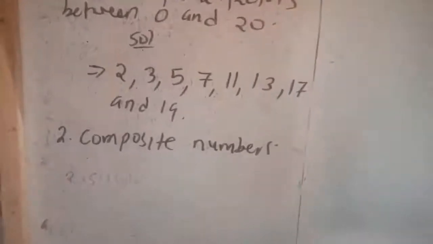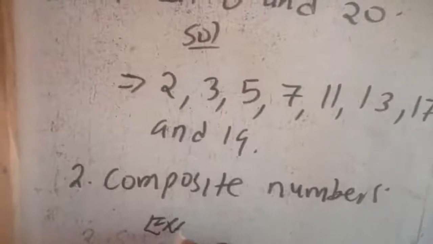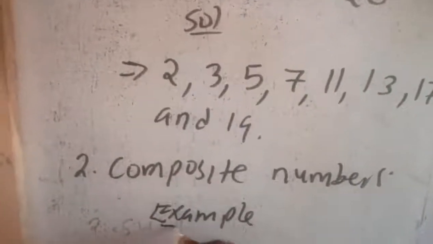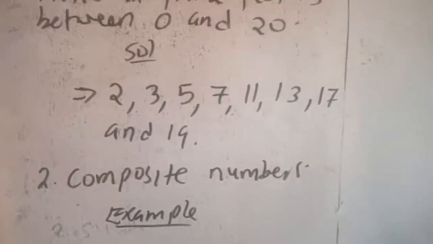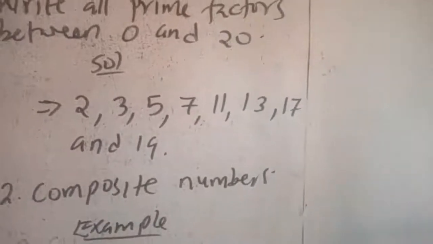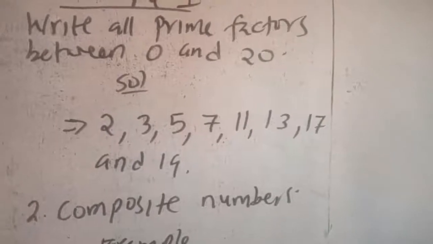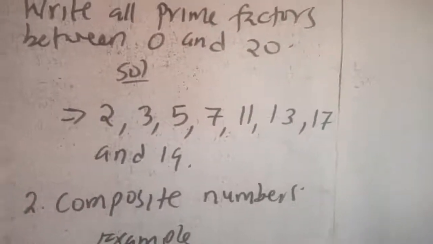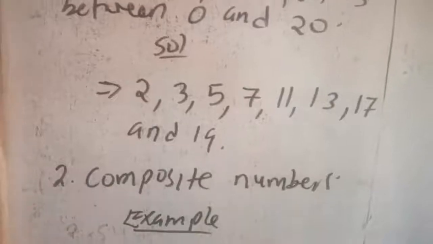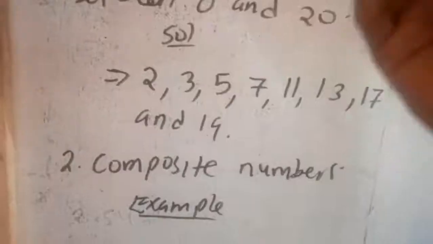An example of this question, you can be asked, write all composite numbers between 0 and 20. I can refer to the same example which we referred to in example number 1.